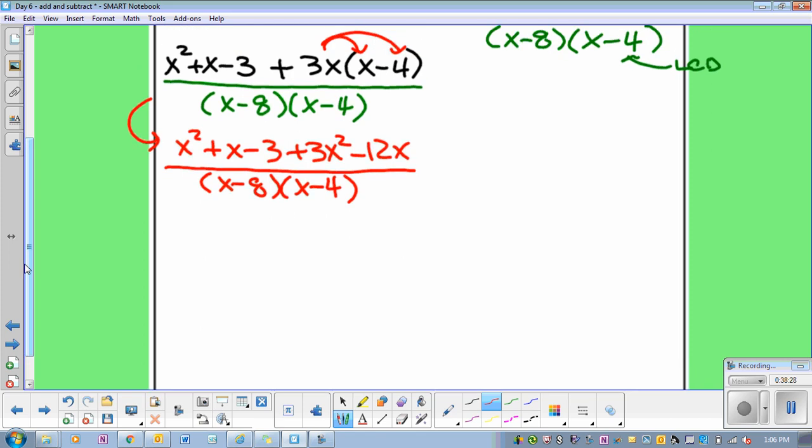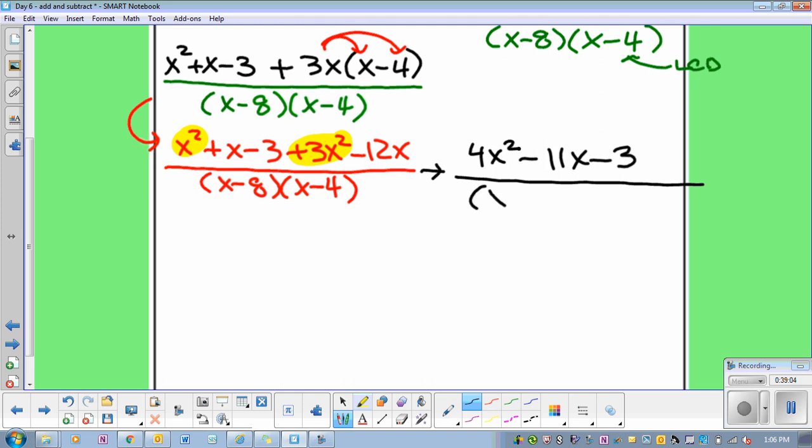So now we're getting closer. Combine like terms, and then I'll factor and see if I can cancel anything out. Do you see how it worked out, Hannah? x squared and 3x squared is 4x squared, and then x minus 12x is negative 11x, and then minus 3.